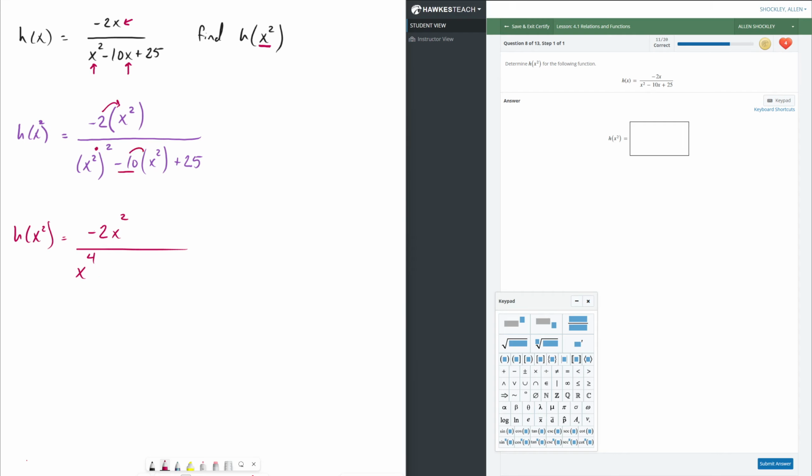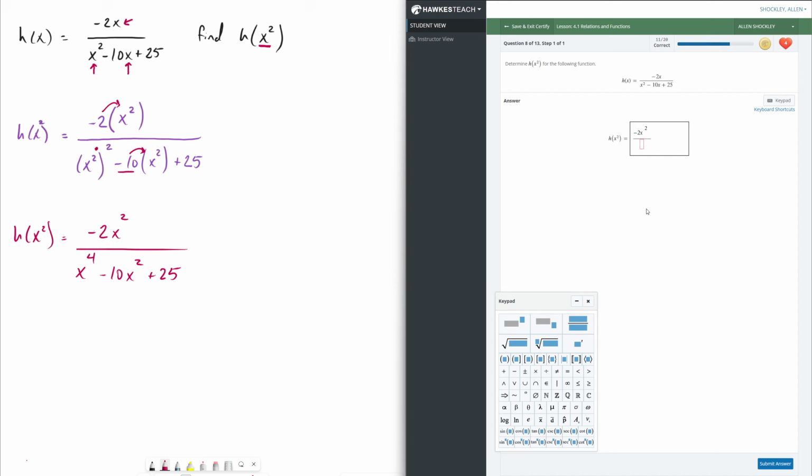Negative 10 times x squared is a negative 10x squared. And then my 25 just gets to hang out. So again, now we take this, throw it into here. Got to make a fraction, and then start typing negative 2x squared.